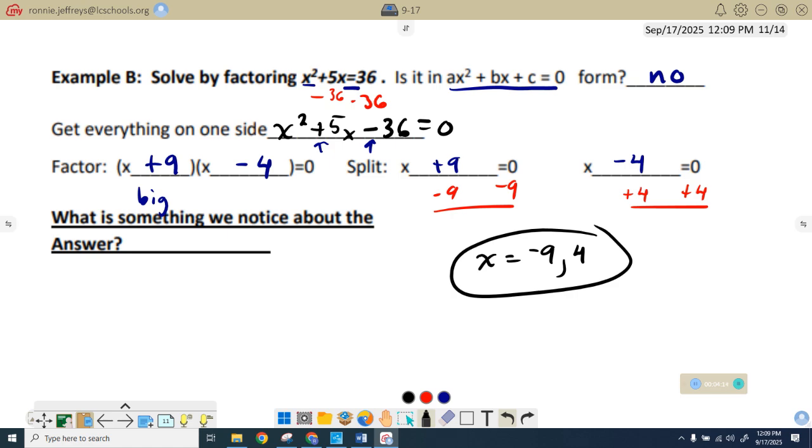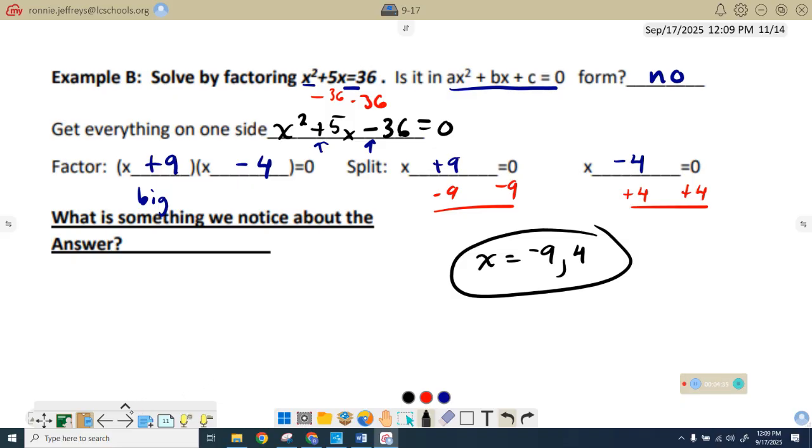Now, this is where we're about to make our life get really easy. What do we notice about the answer versus what's in the parentheses when we factor? It's the same numbers but opposite signs.